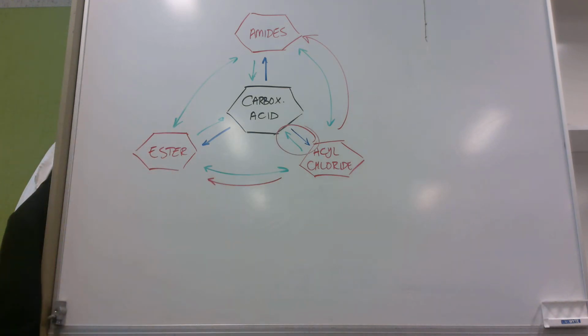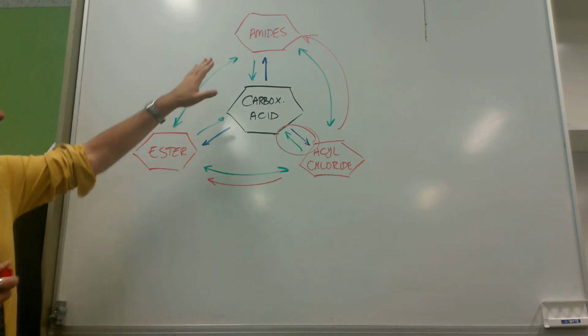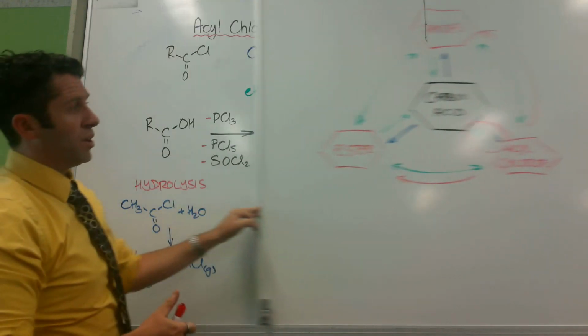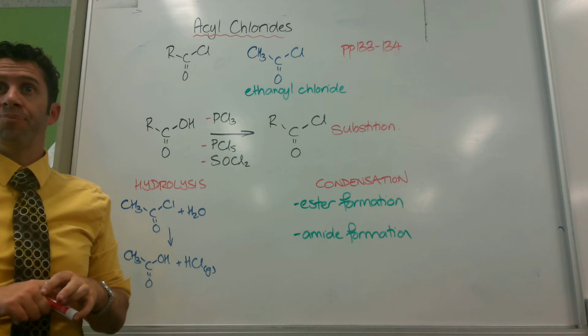So I've covered those two already. So your task now is to have a look at those reactions, but we are going to learn about esters and amides independently in the next few lessons as well. So this will all start coming together for you. Okay. Any questions on sort of that little relationship between those things?